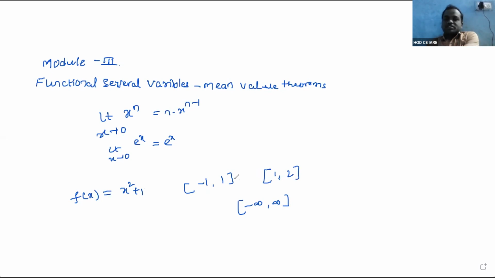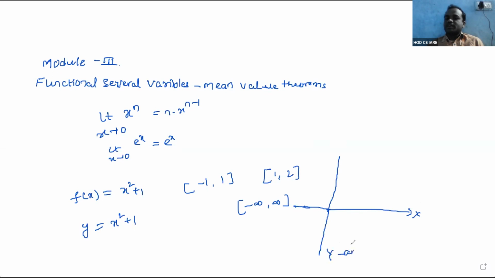If we are given some curve, like f of x defined as y equal to x square plus 1, you can draw the curve on the x-axis and y-axis.